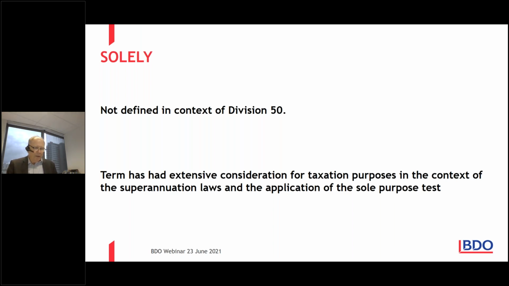Now, take for example, we saw a live example of a sporting organisation that had a bistro, and they were questioned about whether they were remaining tax exempt. And when we looked at their website and looked at things, they were saying, come and eat at our bistro, come and support our family bistro.